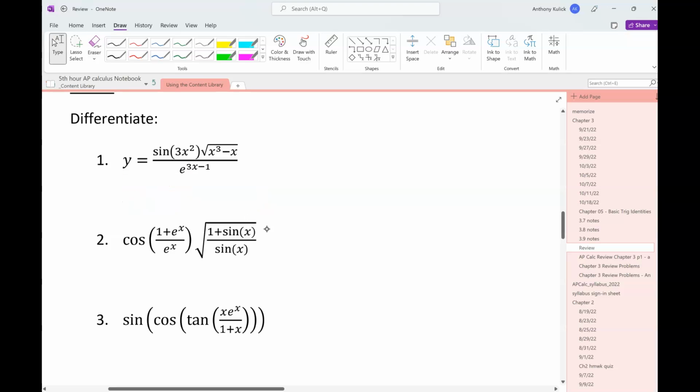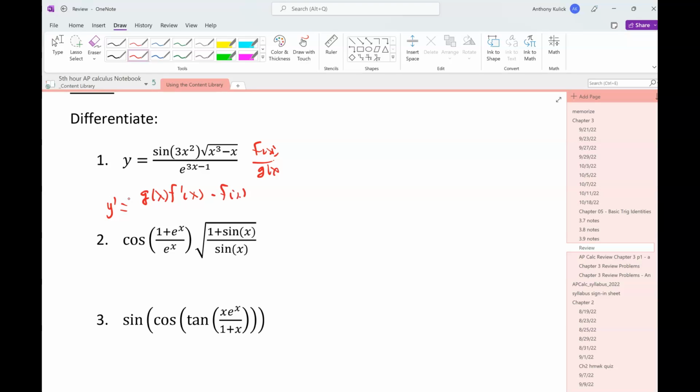So if I call this the top f of x and the bottom g of x, I'm just going to have g of x times the derivative of f of x minus f of x times the derivative of g of x all over g of x squared, right?